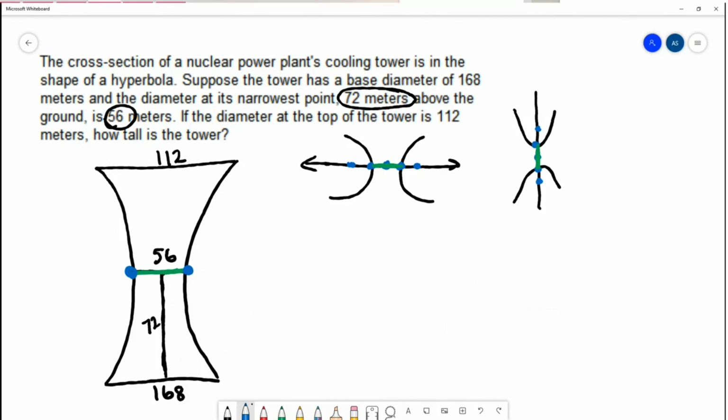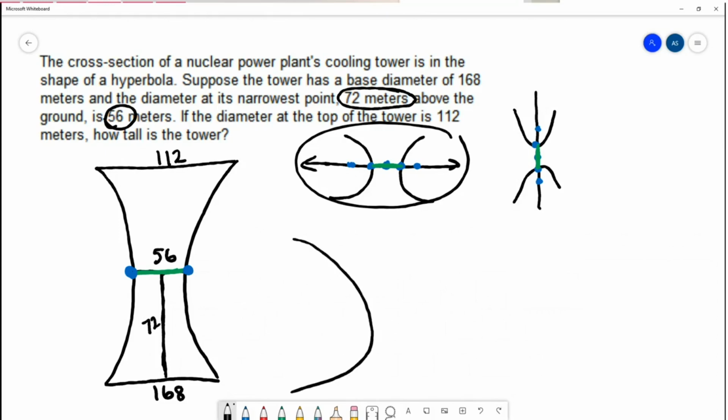So because our vertices are falling in this horizontal orientation, I'm going to draw the hyperbola with this horizontal orientation. As we mentioned here, we have a distance at that narrowest point of 56 meters.